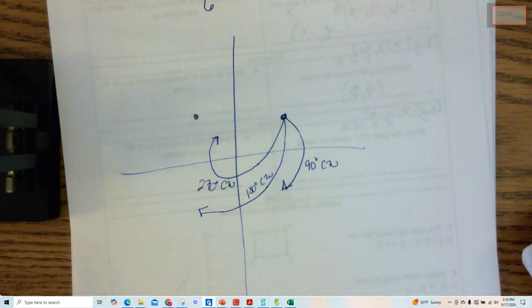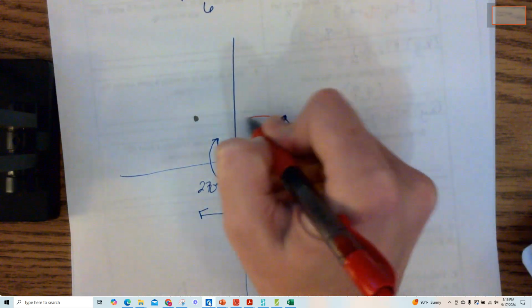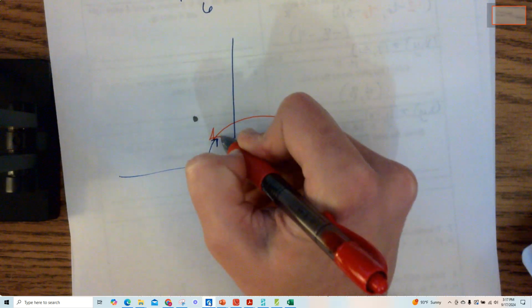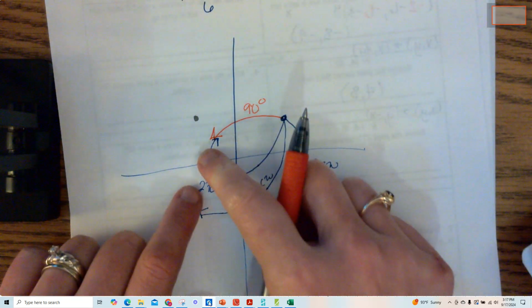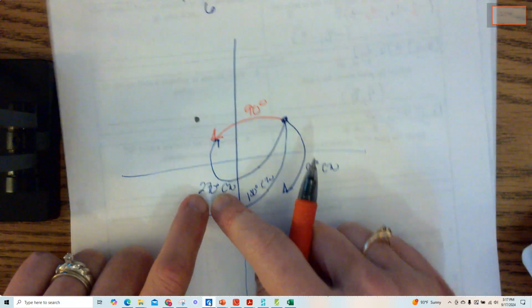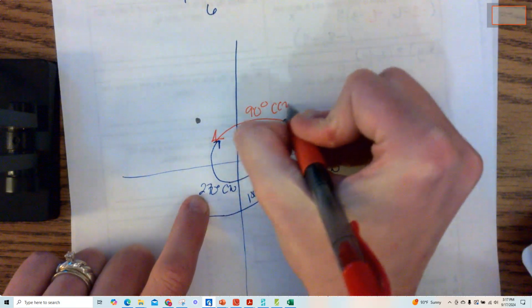I'm cool with that. So the other direction now. So if I want to go counterclockwise, 90 degrees, I'd make 1 turn this direction. But look where it puts me. It puts me the exact same spot that 270 clockwise does.